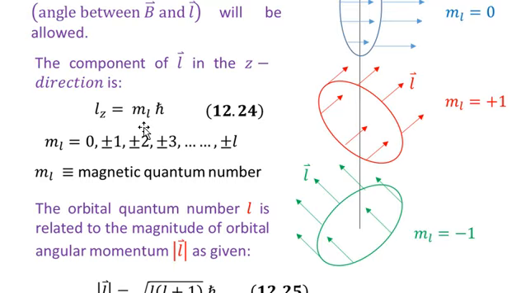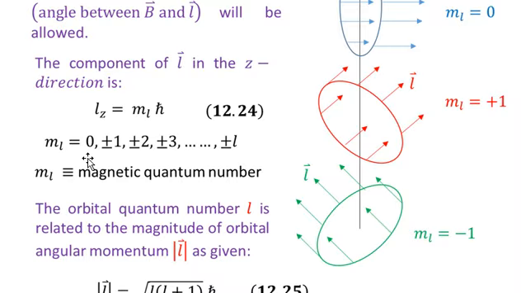It is equal to the orbital magnetic quantum number ml multiplied by h bar, where ml will have the following values: 0, plus minus 1, plus minus 2, plus minus 3, and so on. The maximum value of ml is plus minus L, and it starts from an initial value of ml equal to 0.